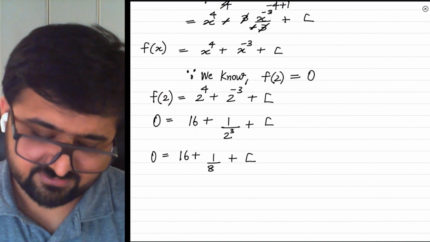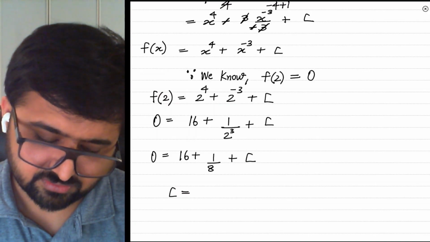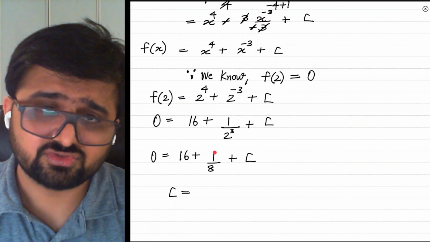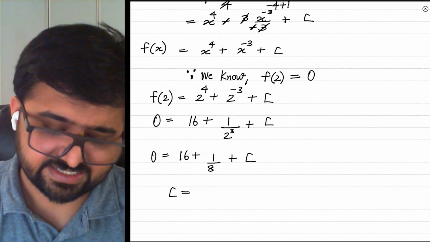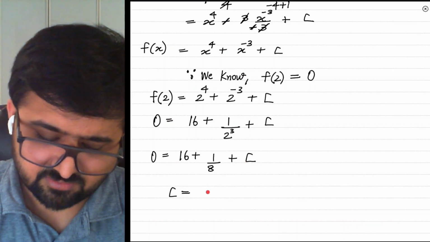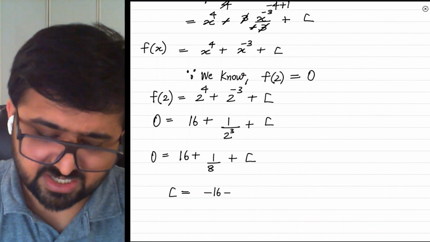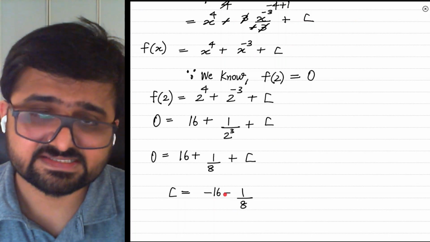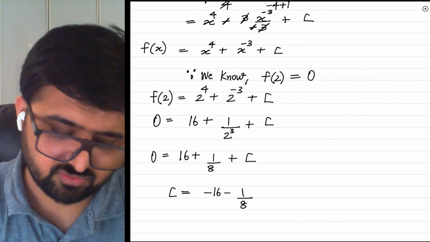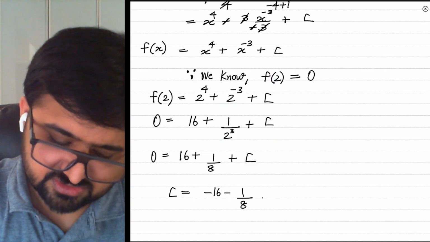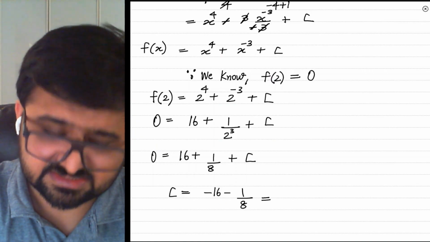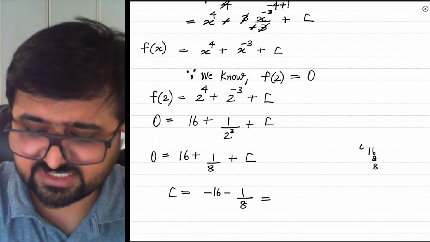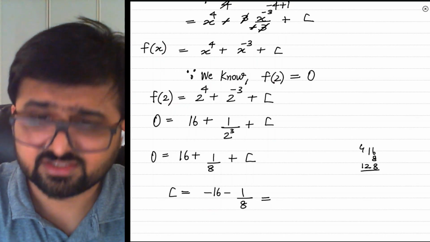So from here, can we say c is equal to, you can just take those two terms to the left hand side and you get minus 16 minus 1 over 8. Okay, so you can simplify this by saying 16 times 8. So 16 times 8 is 128.